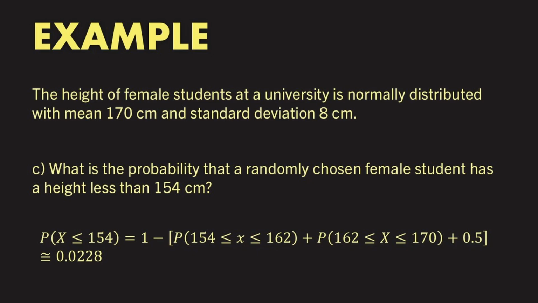So now what I can do is 1 minus those 3 areas, and the result of that is 0.0228 approximately. So around 2% of the students are shorter than 154, so if we randomly pick one, we can expect that to be the probability.